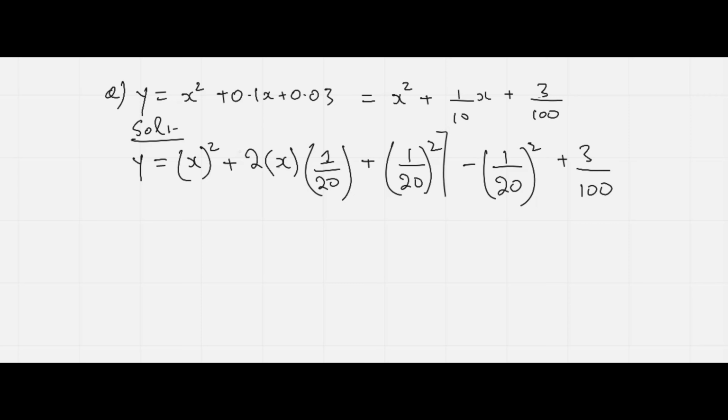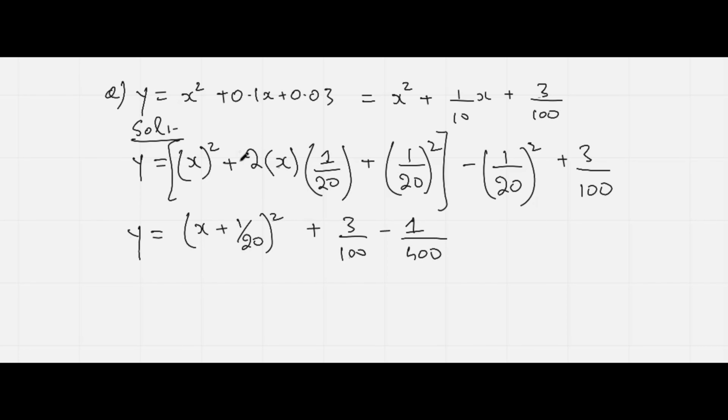Now over here, the first three terms I just close in a box and contract according to the pattern of a plus b whole square. So it is a plus b whole square, and then just simplify. I can organize it: 3 by 100 minus 1 upon 20 squared, which is 1 upon 400.